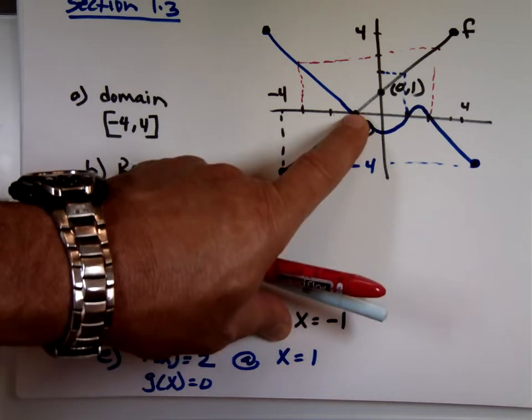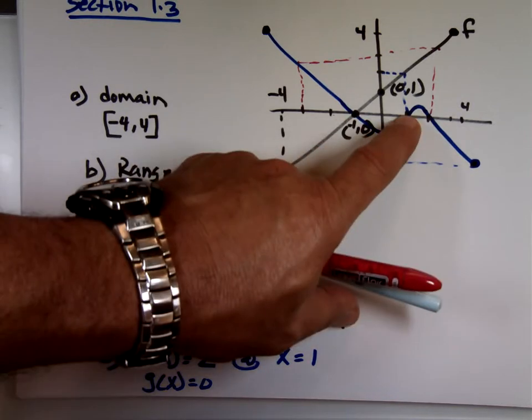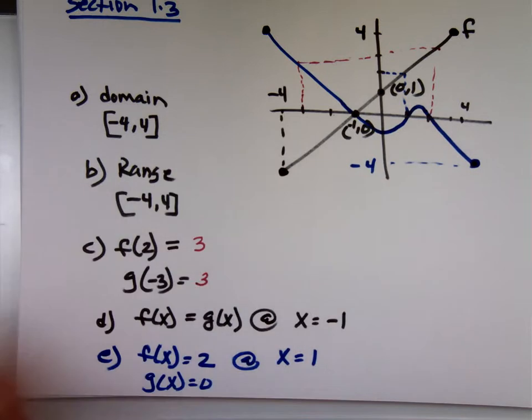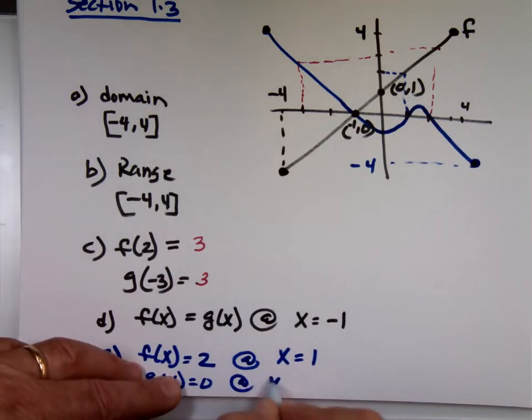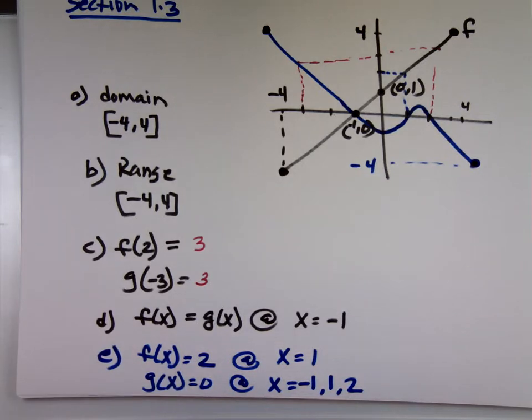At negative 1, at 1, and at 2. 3 spots. G of x equal to 0. If they ask you for the smallest value, that's what they ask, and not all 3 spots here. What is the smallest value? Negative 1, yep.